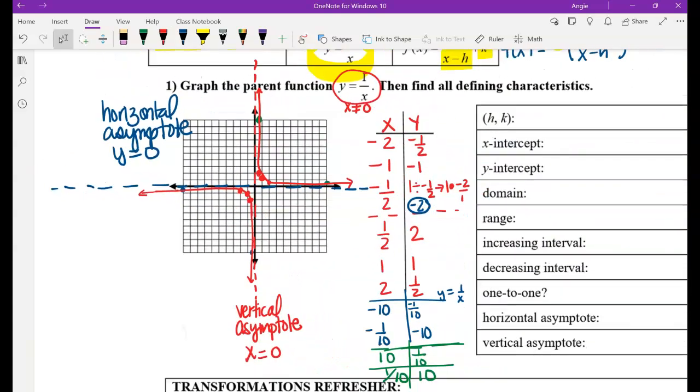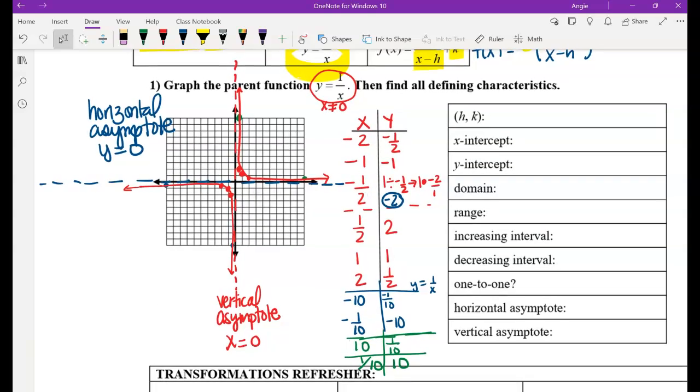So let's fill in some values here. Because it is the parent function, your h and your k will be 0, 0. We don't have any x or y intercept because we do not touch the x and the y axes. Your domain is going to be all real numbers, except 0, because we said x can't be 0. So all real numbers except 0.